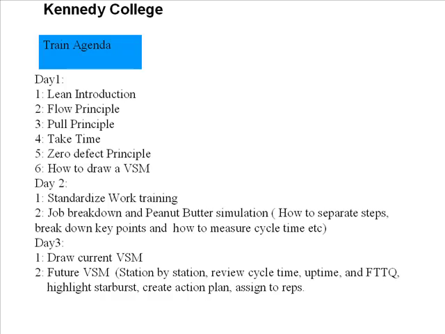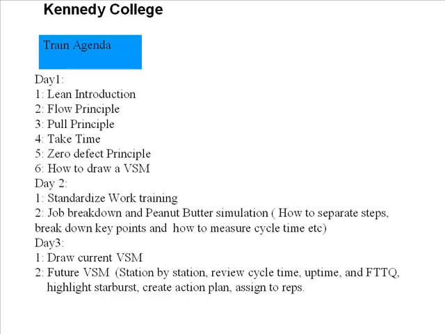So based on this, we can identify all the gaps. For example, the cycle time is not balanced, first time capability is not good, one station has a huge amount of downtime, one station becomes a bottleneck, the information flow is not smooth, you have too much inventory, and the value added time percentage is extremely low.